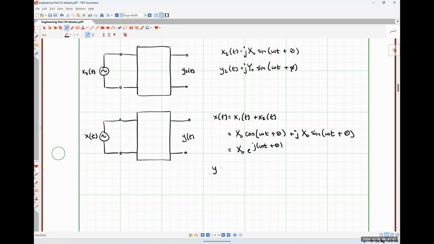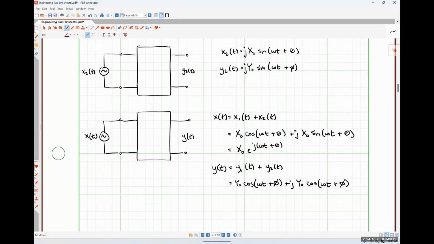Now, when we look at our output signal, y of t, we would simply have y1 plus y2. So that would be y naught cosine omega t plus phi plus j y naught cosine omega t plus phi.